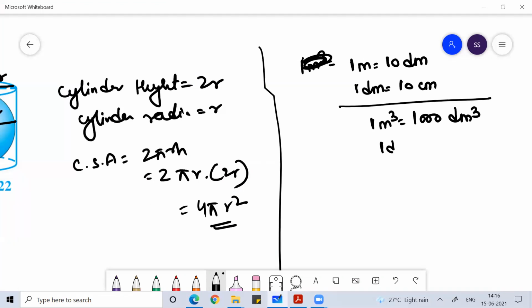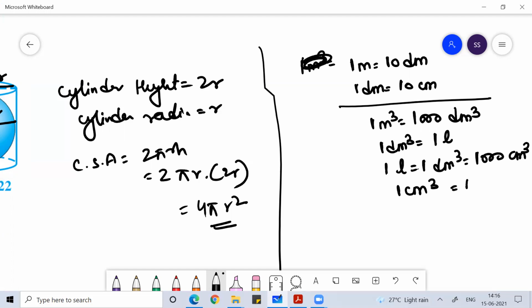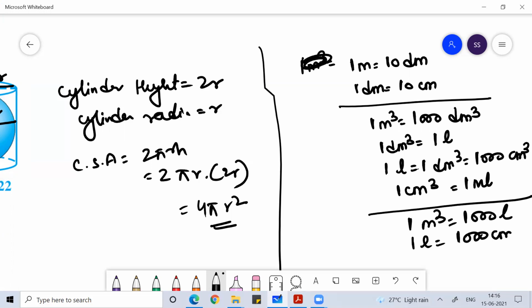And we need to remember 1 decimeter cube is equal to 1 liter. Similarly, 1 liter, or 1 decimeter cube, is equal to 1000 centimeter cube, and 1 centimeter cube is equal to 1 milliliter. So 1 meter cube is equal to 1000 liter, and 1 liter is equal to 1000 centimeter cube, or 1000 milliliter.